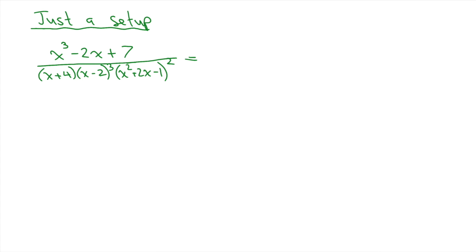This is going to be really long. You don't even have time. I'm not trying to find the partial decomposition, I'm just setting it up so if we actually wanted to find it, this would be the setup involved.